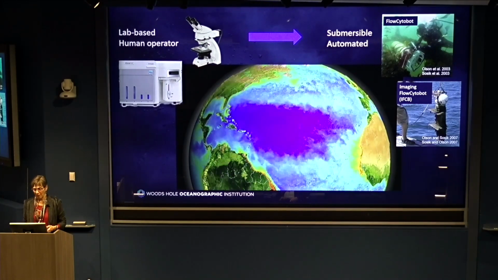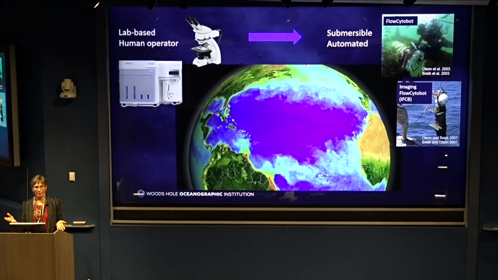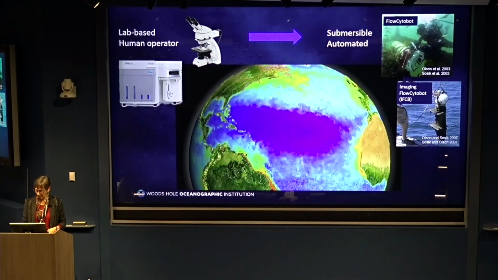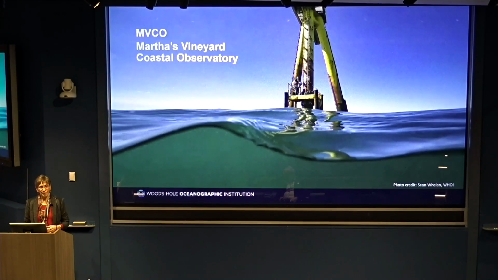With these robotic instruments, we can have extended unattended deployments in the ocean, and we can capture unprecedented spatial and temporal scales. These technologies are a great match for ocean observatory infrastructure, and my team has been deploying them at the Martha's Vineyard Coastal Observatory since the 2000s.